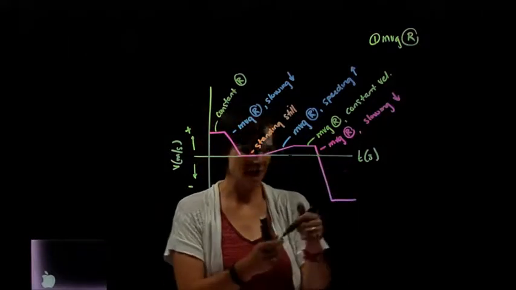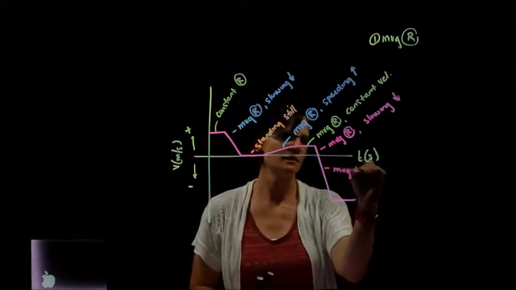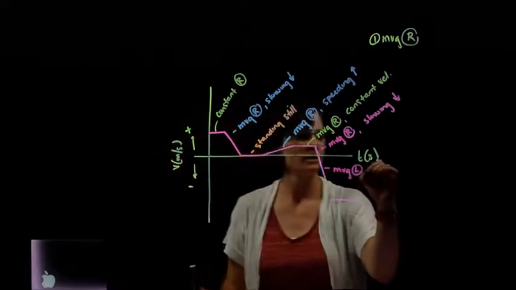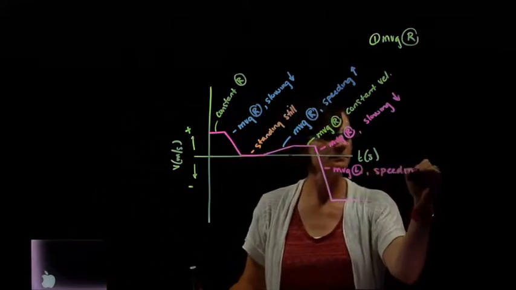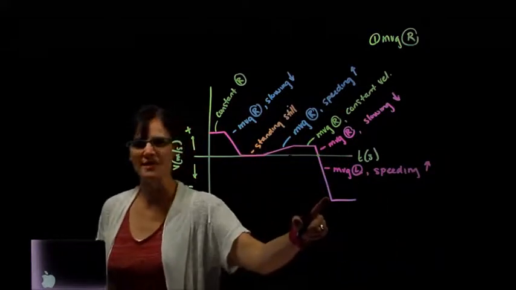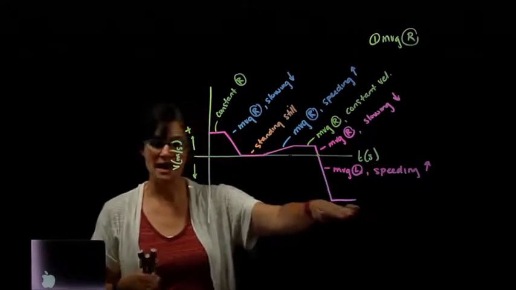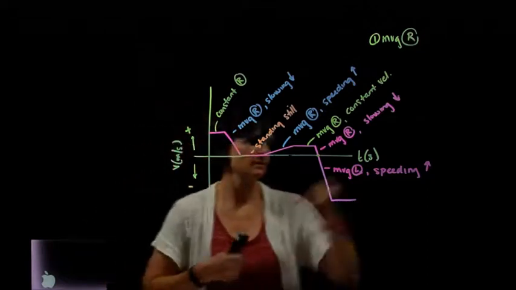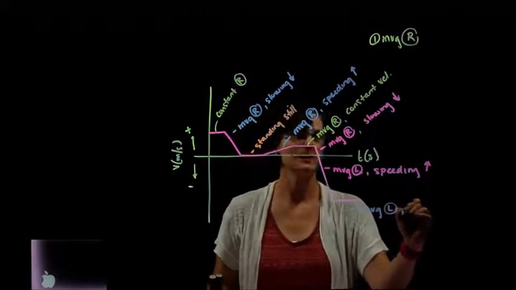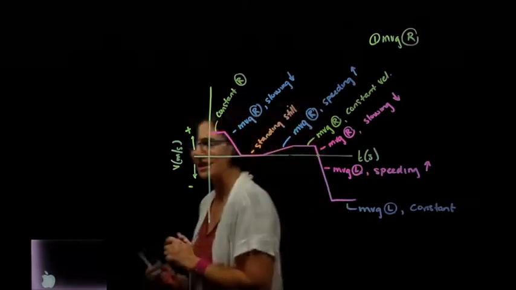Now if we're below the axis, we're moving left. And as we move left, our numbers are getting bigger and bigger, so we are speeding up. As we move left, we continue to get faster and faster, until we hit this point where we're below the axis, moving to the left, at a steady rate. As time goes on, our velocity does not change.